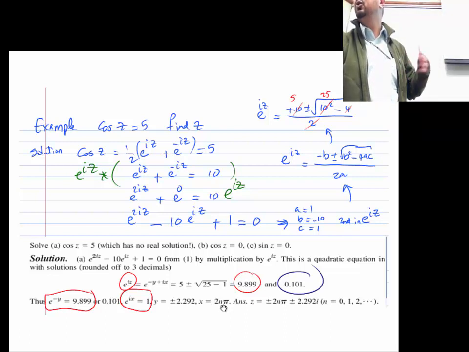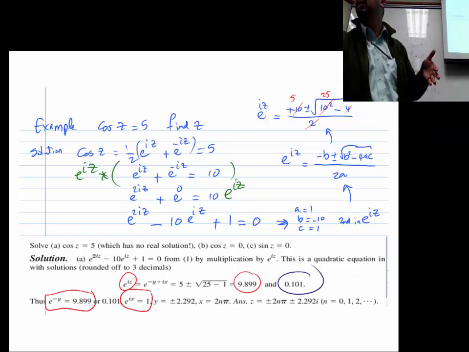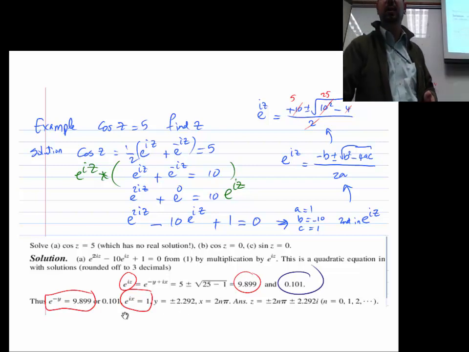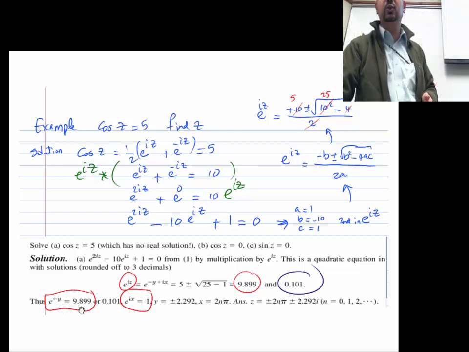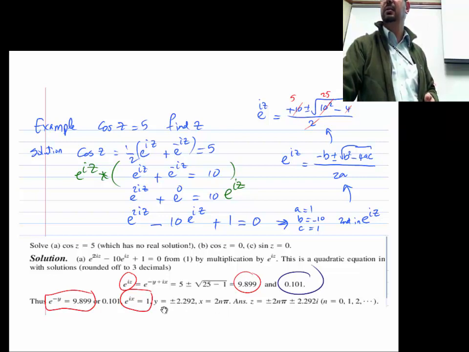So x is 0 plus or minus 2n pi. And when you say that e to the power minus y is 9.89 or 0.1, that tells you what the y is. The y is plus or minus 2.292. And that's the x. So here's your z. The z is basically this x and this y.